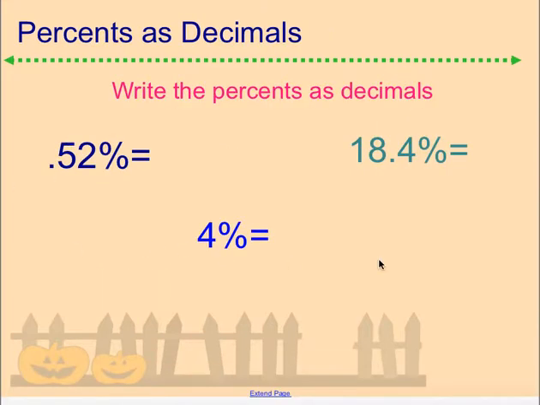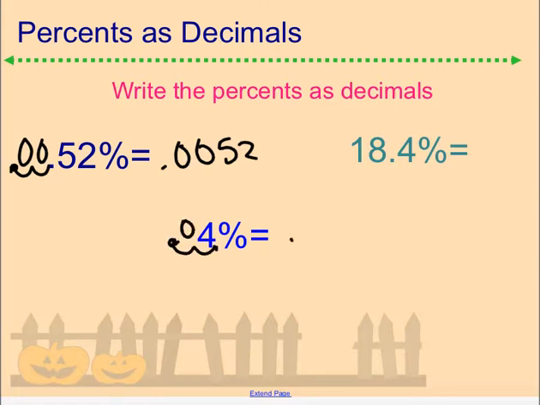Percents as decimals, if we have 0.52% we need to divide by 100 to get back to our decimal, we would say this is 0.0052. 4% going to a decimal, we move it back twice and get 0.04. Back twice and get 0.184. Because going from a decimal to a percent, we multiply by 100. To go from a percent to a decimal, we can divide by 100.